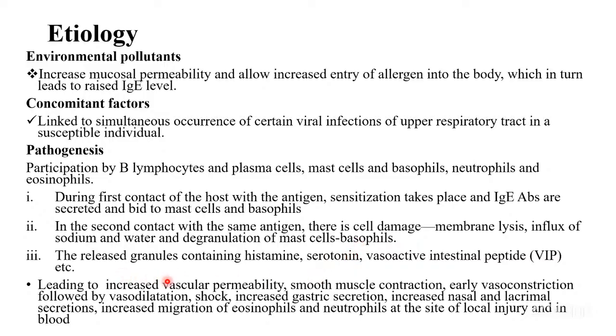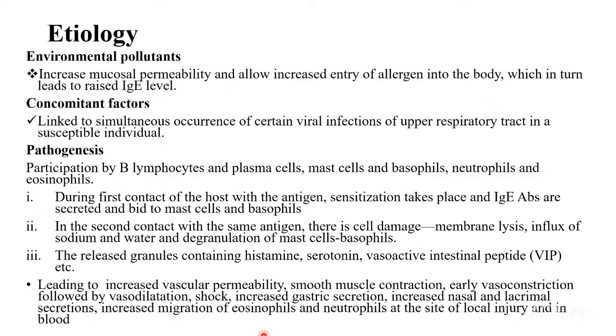Then the release of granules containing histamine, serotonin, or vasoactive intestinal peptide, or VIP, causes the symptoms that we see in those anaphylactic reactions. So, of course, increased vascular permeability, smooth muscle contraction, early vasoconstriction followed by vasodilation, shock, increased gastric secretions, increased nasal and lacrimal secretions, and increased migration of eosinophils and neutrophils at the site of local injury in the blood.